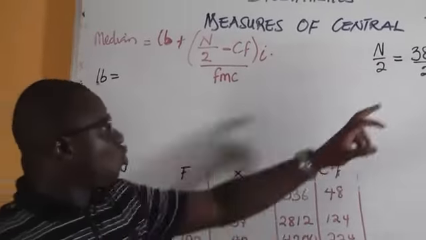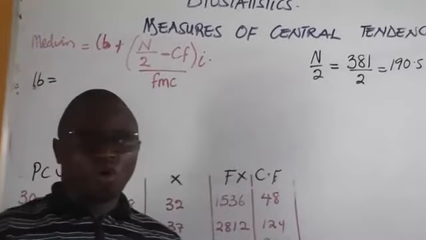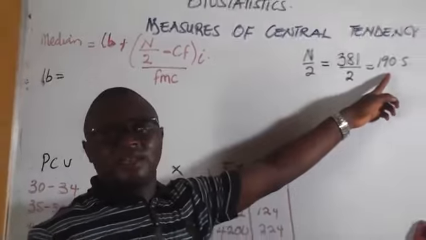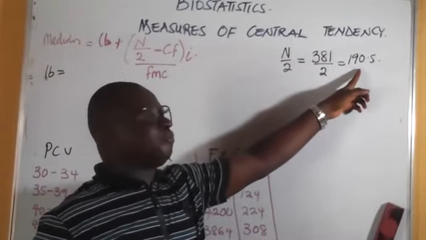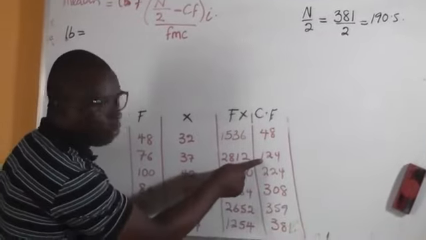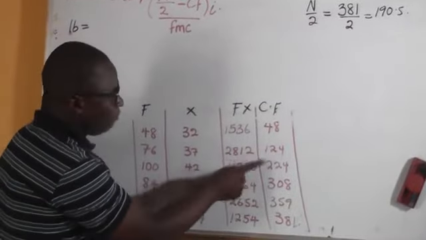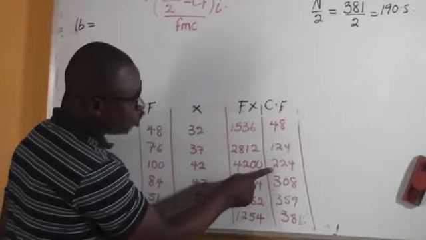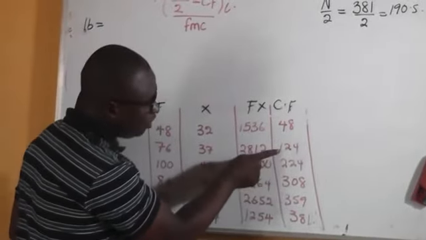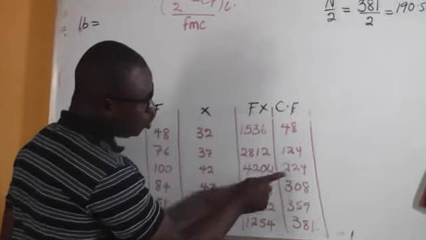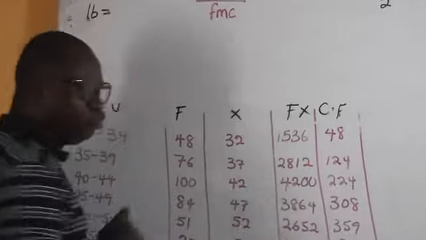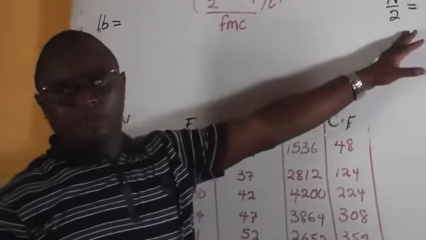Where does 190.5 fall within, or which number is closer to 190.5? 190 is obviously bigger than 124, but 190 is not up towards 224. That means 190 is between 124 and 224. That means this 224 row will be my middle row using this formula.